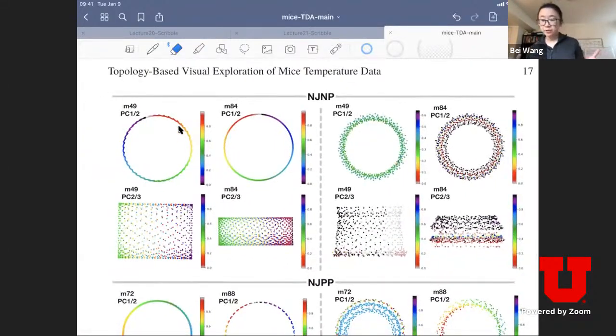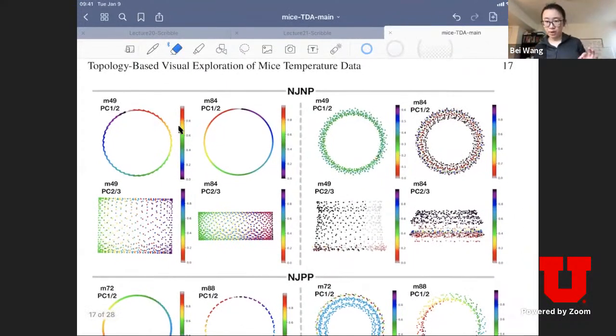Of course, the rank filter only preserves the dominant signal. And because of the rank filter, I reshaped my point cloud a bit so that I actually get a very perfect circular structure. The right-hand side is without the rank filter, taking the signal and mapping it. What I show here is projection in principal component 1 and 2 versus principal component 2 and 3.